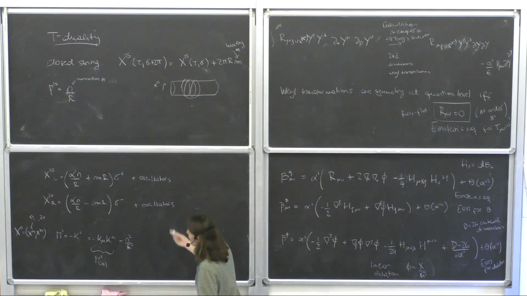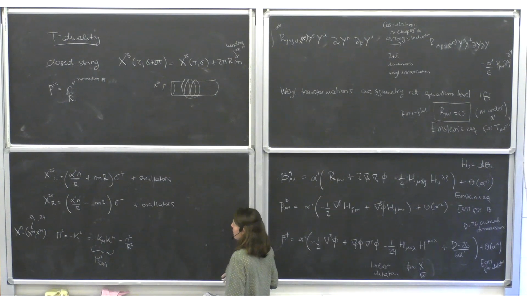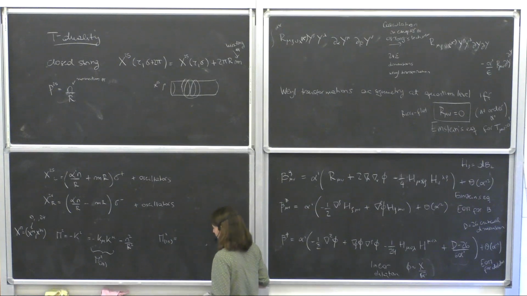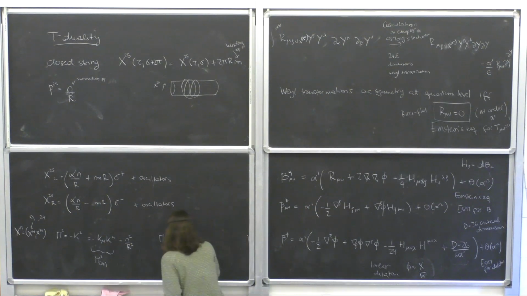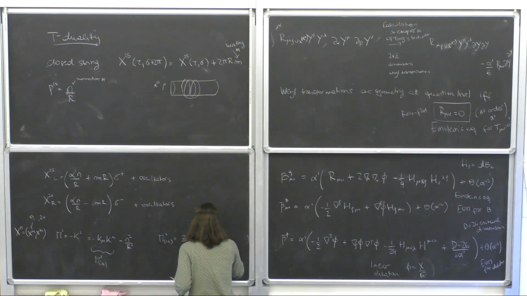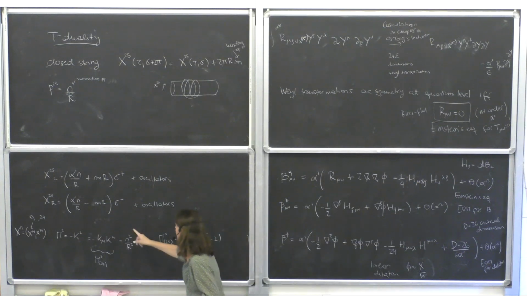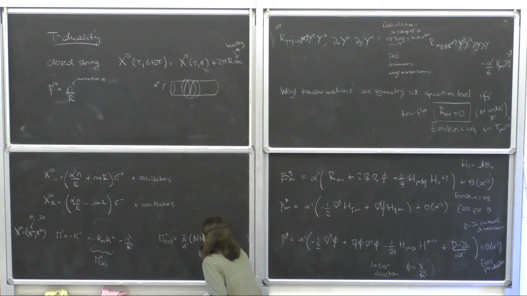And now if you do the calculation with the L0, because the string is stretched, what you get is that m25 squared is the part of the oscillator, so 2 over alpha prime, n plus n tilde minus 2, plus n squared over r squared.